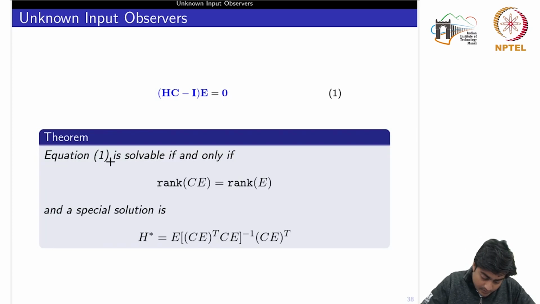This is one of the important results which says that equation 1 is solvable if and only if the rank of CE matrix becomes equal to the rank of E matrix, and a special solution of this equation is given by H star is equal to E times this matrix. Now we'll see the proof of this theorem very quickly, that how this equation becomes solvable if this rank condition is satisfied.